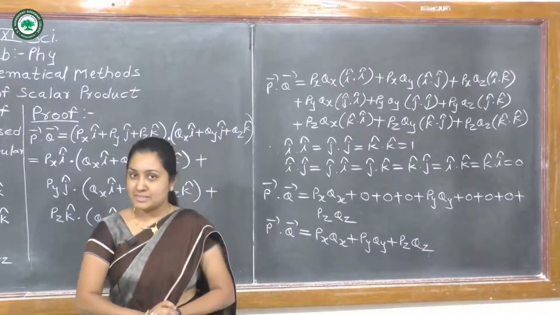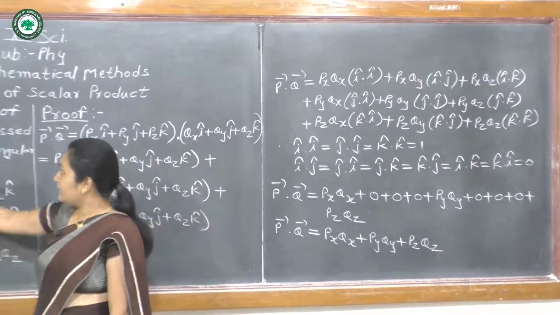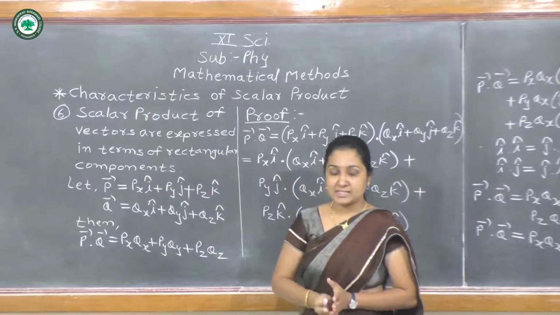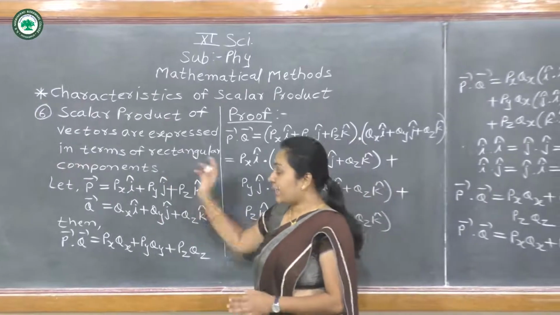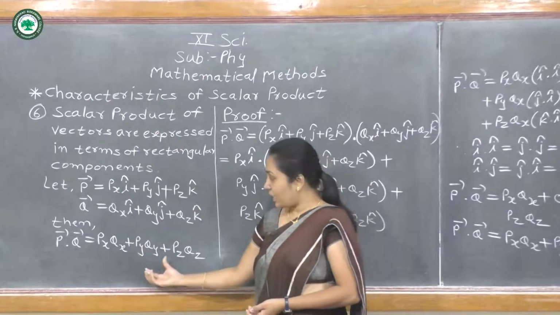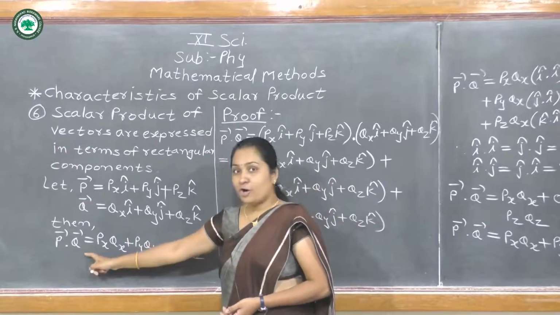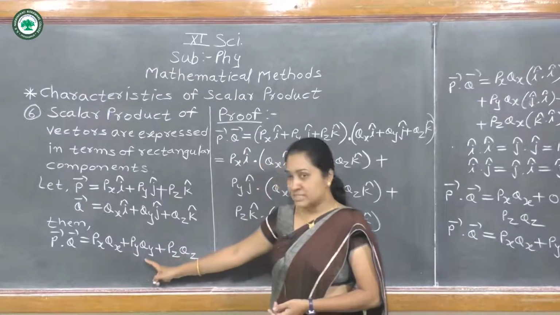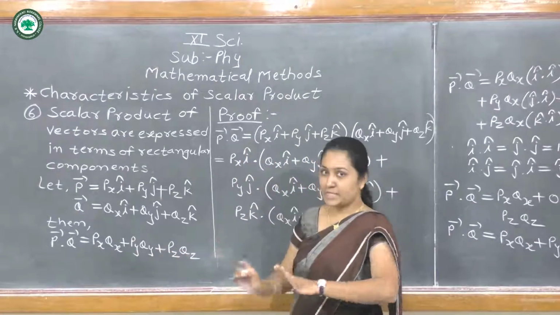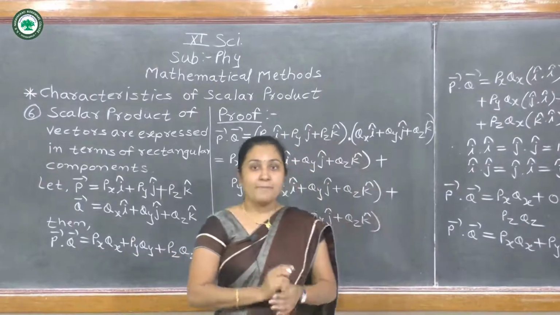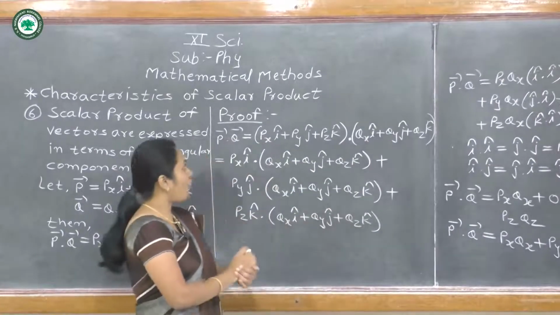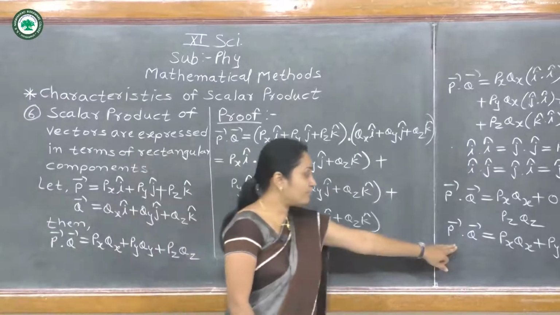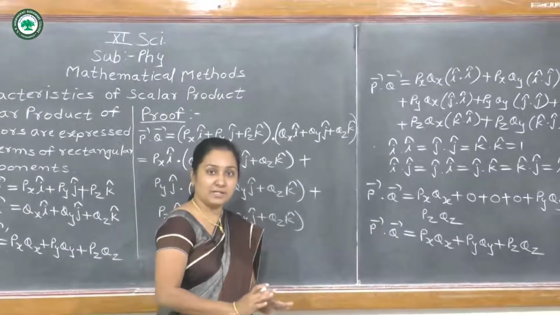So when we say that the scalar product of two vectors is expressed in terms of the rectangular components, we have said that p bar dot q bar is equal to Px Qx plus Py Qy plus Pz Qz, and by taking the dot product of these two vectors p bar and q bar, we can prove the same result.